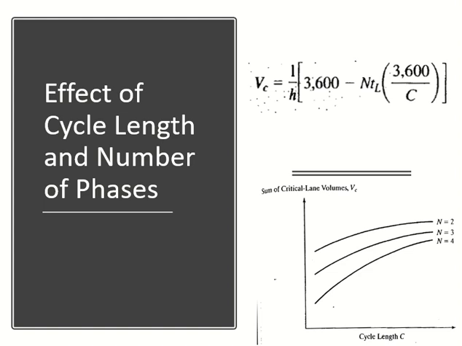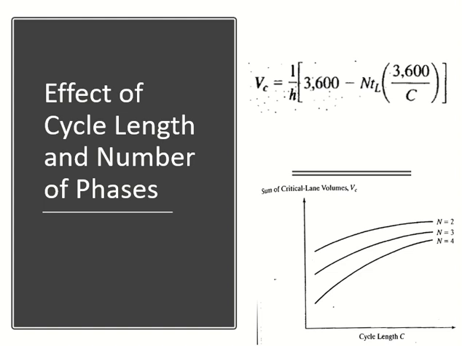So, for example, we have two phases. The maximum capacity is what, for two phases? Two phases means what? Two movements. Each phase is for each movement, right? One phase is for every movement.